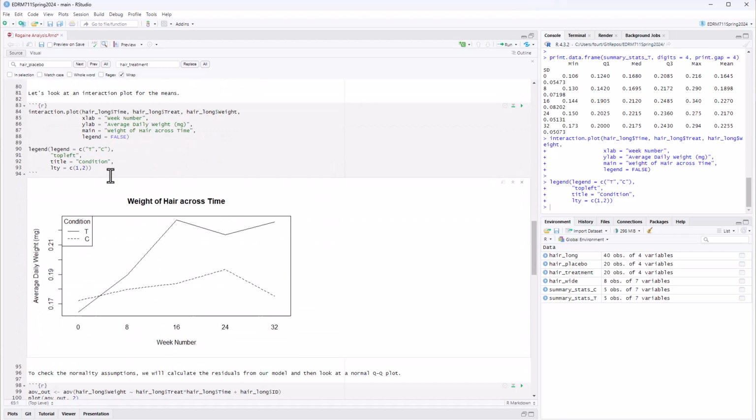Down here for the interaction plot, once again, this is very much like we did before. Here we have a treatment condition and a time condition, and we do it by weight. I do have a legend here that is distinguishing between the between subjects factor, whereas before, when we looked at this in the 2 between subjects factor design, this x-axis down here, where I now have week number, was a between subjects factor.